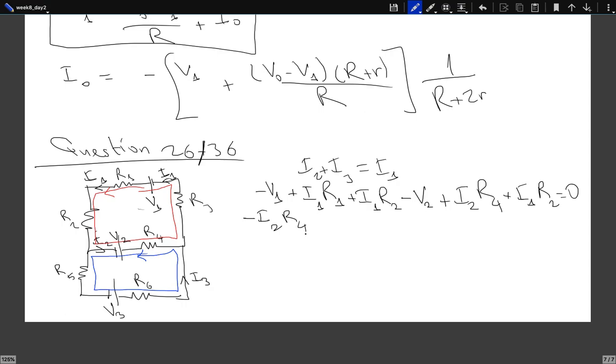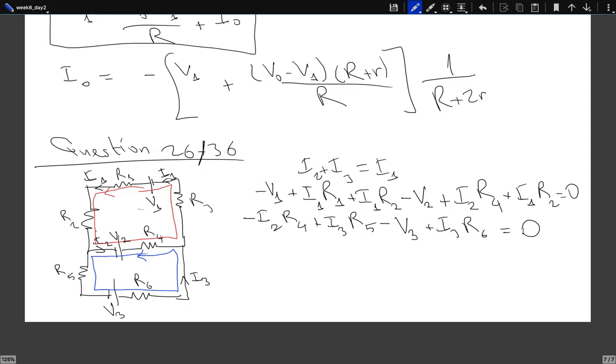I'm going in the same direction as the current, so it's plus I3 times R5. From this point to this point, minus V3. Then from this point to this point, I3 times R6. And I'm back to my initial point.